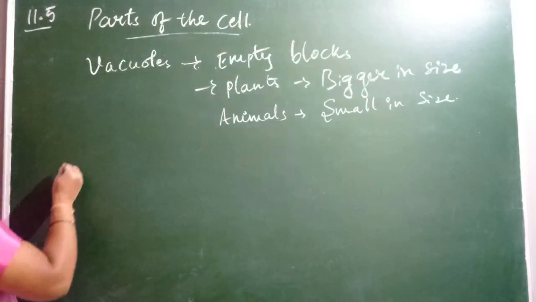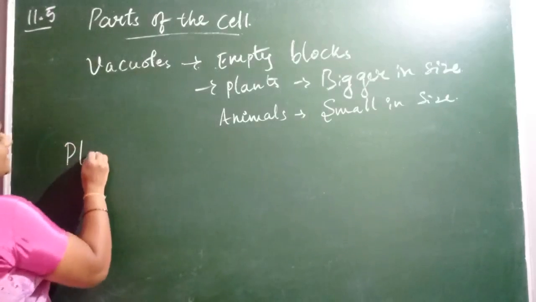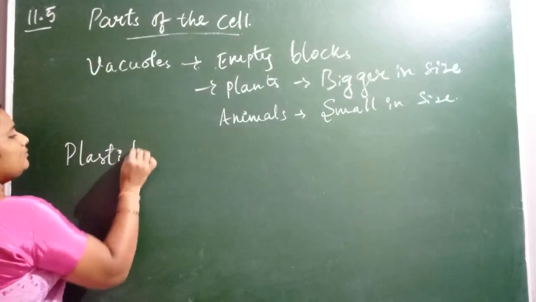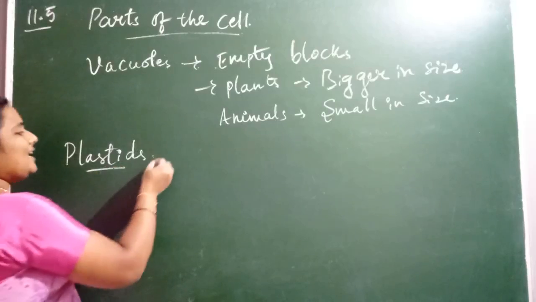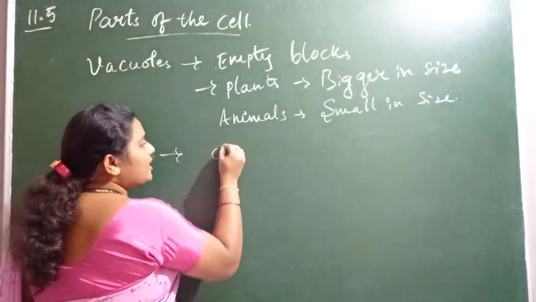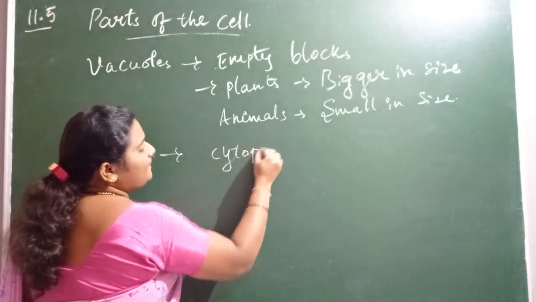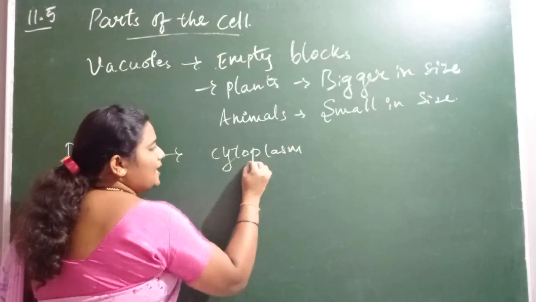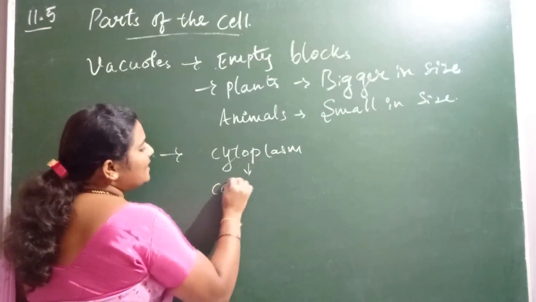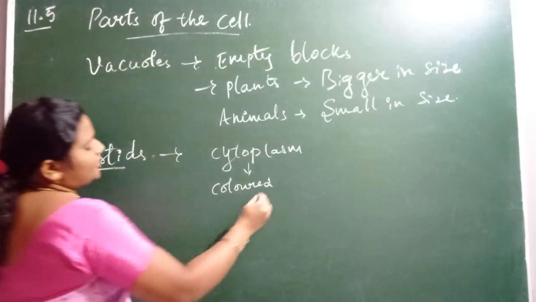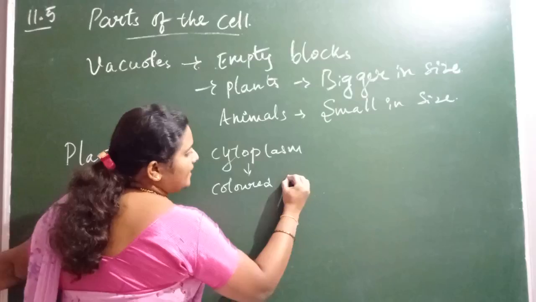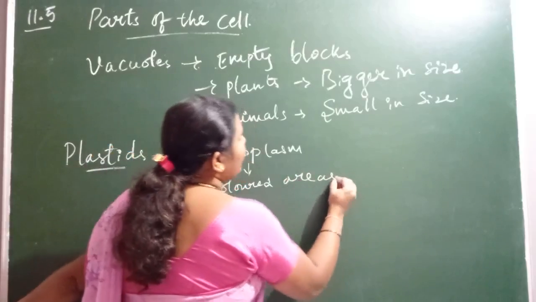The next comes plastids, children. When we take a clear view of the cytoplasm of the cell, you will get some colored areas.